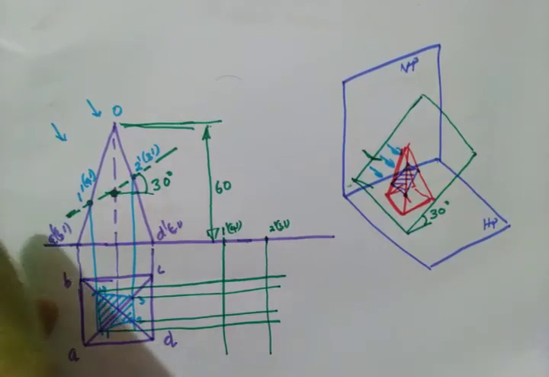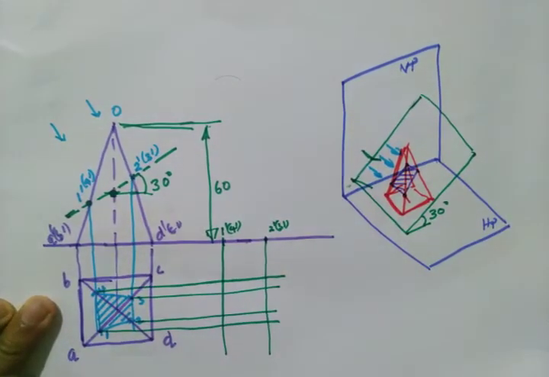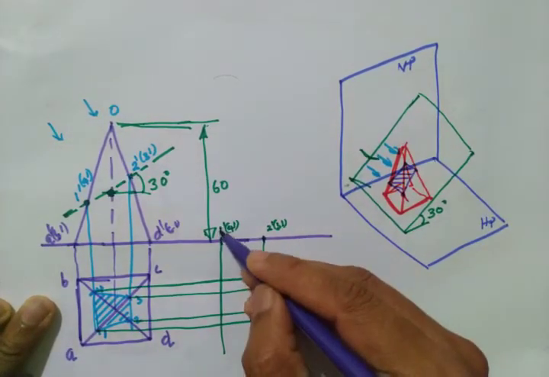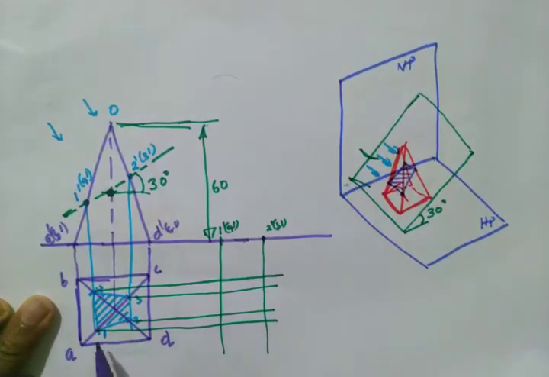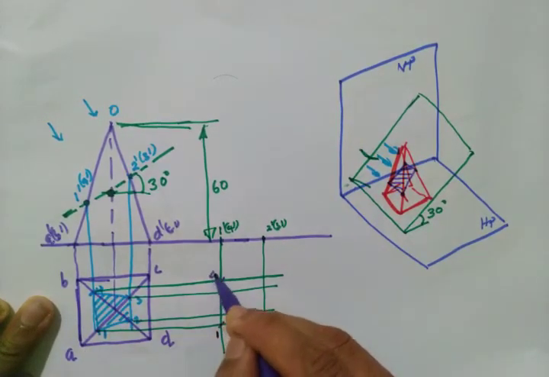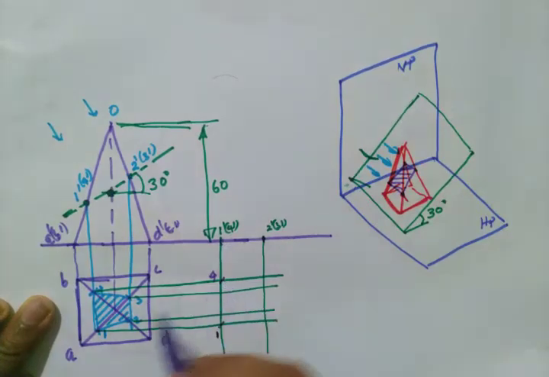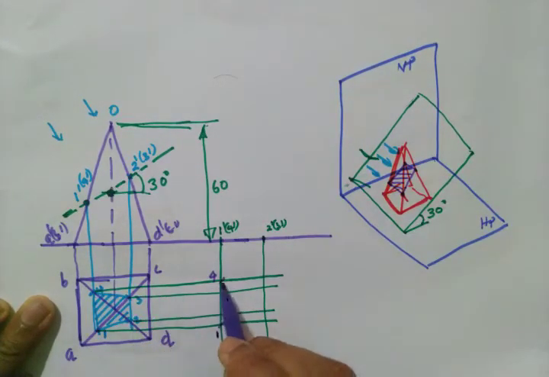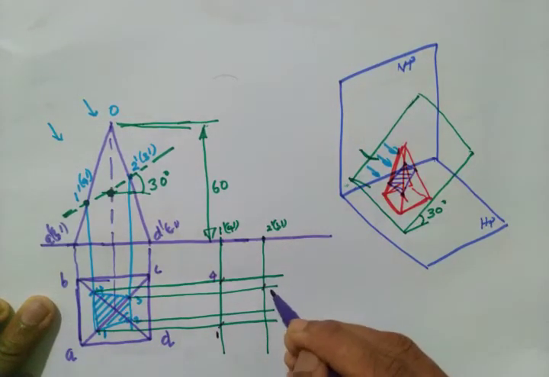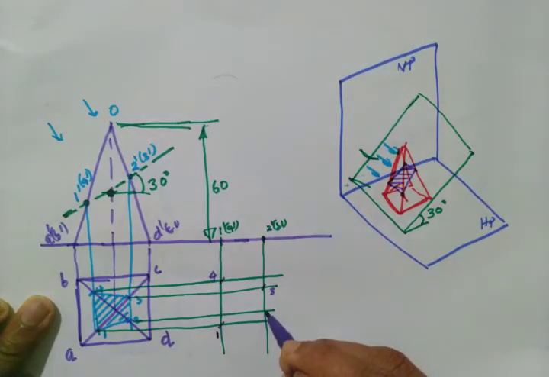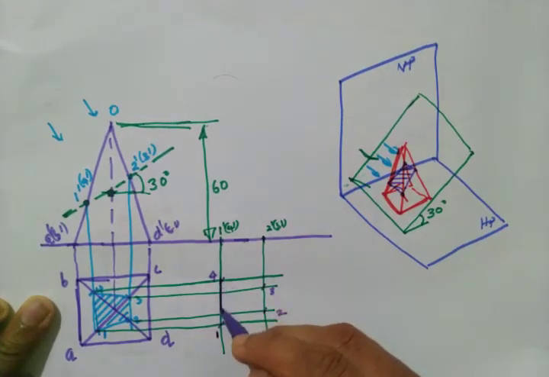After completing this, we mark the coinciding points. From the 1 dash perpendicular projector and the horizontal projector from 1, you will get the section point 1 here. The 4 dash perpendicular projector and horizontal projector from 4 you will get here. This point is for 3 and this point is for 2. Just join it.